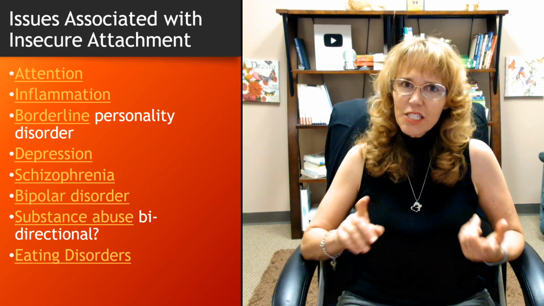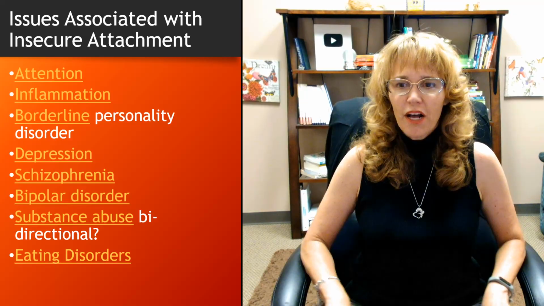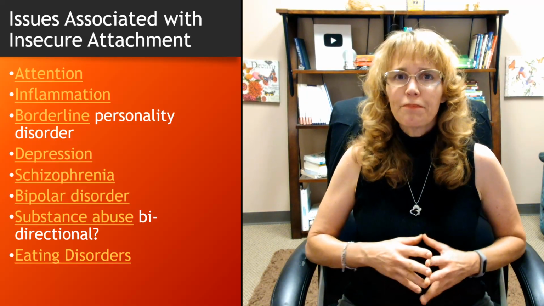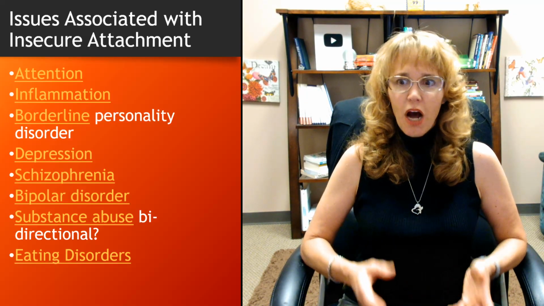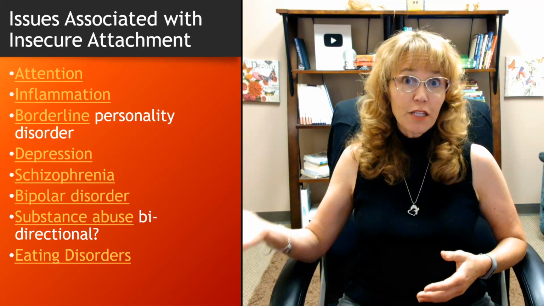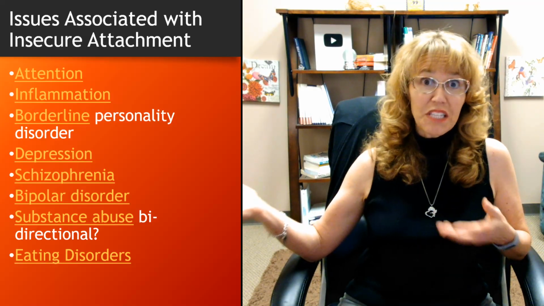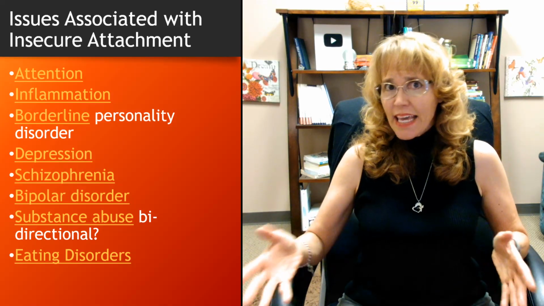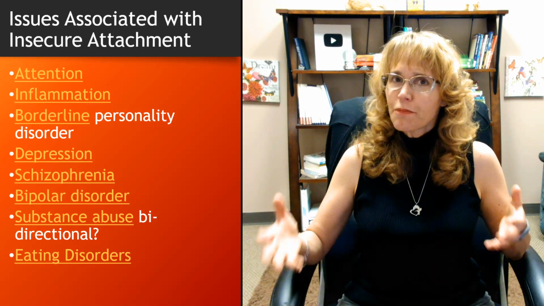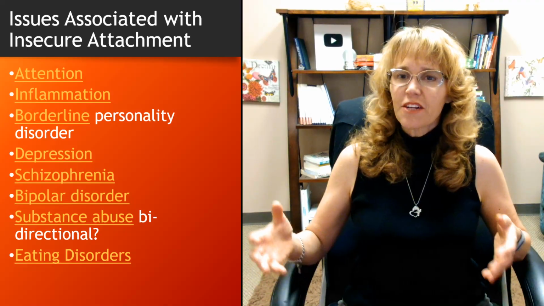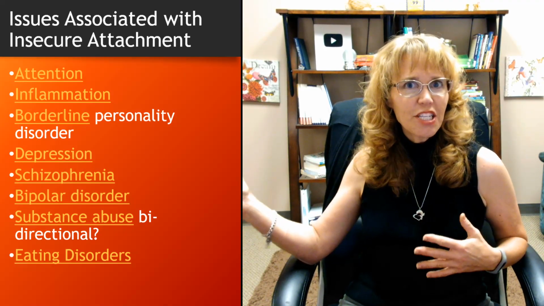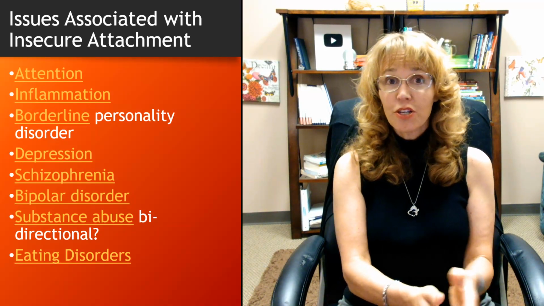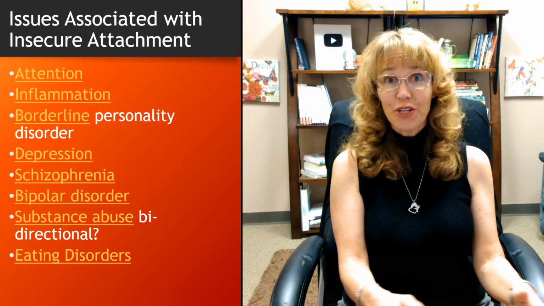Substance abuse. Now, this one is interesting because it's what I call bidirectional. People with insecure attachment are at a higher risk for developing substance abuse issues. Self-medicating that anxiety totally makes sense. And people with substance abuse issues are at risk for developing insecure attachment. They may have a good relationship. They may have some secure attachment.